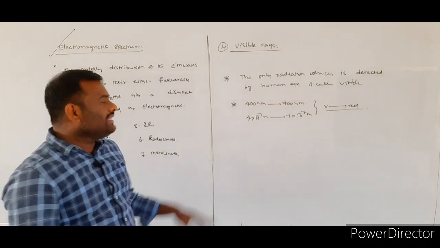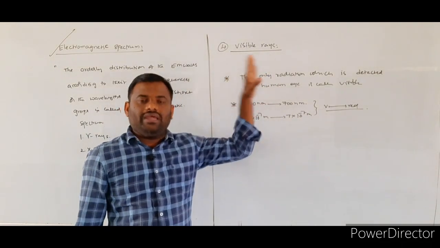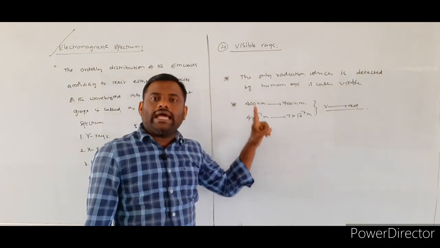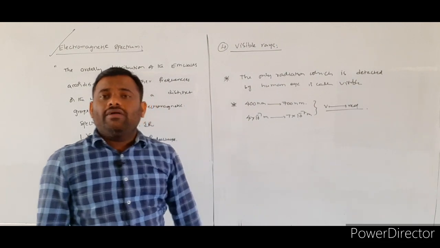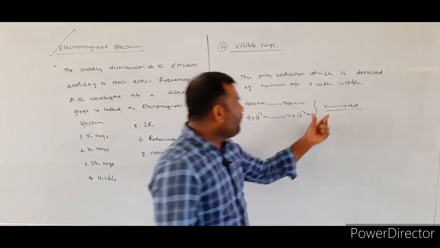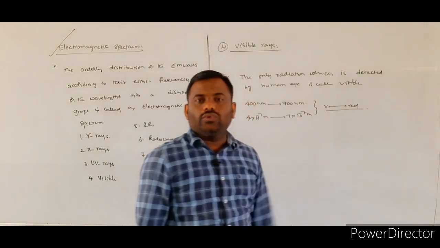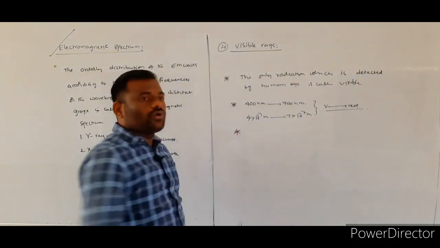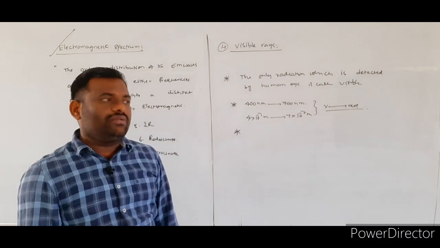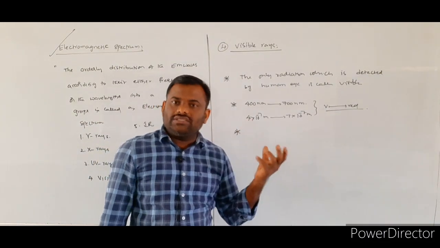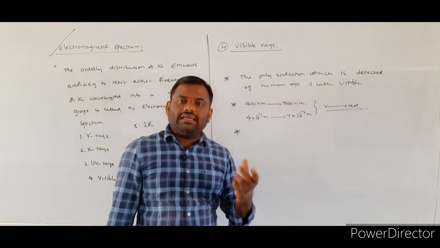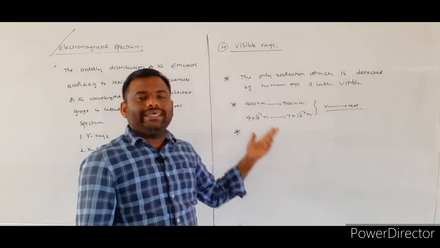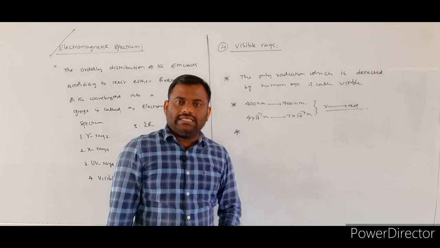So the wavelength range of the visible radiation is 400 nanometer to 700 nanometer, measured from violet to red. What is the source of the visible radiation? The visible radiation will be reflected from the given objects. So this is the basic information about the visible rays.